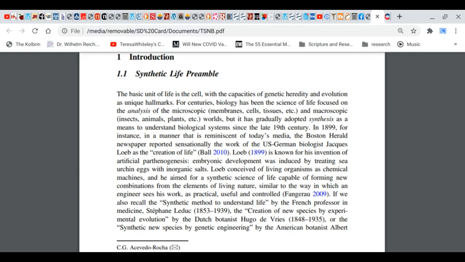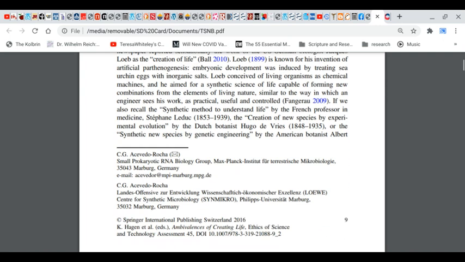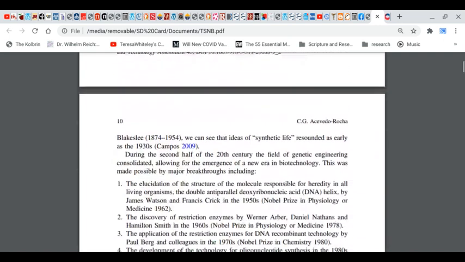If we also recall the synthetic method to understand life by French professor in medicine Stéphane Leduc, the creation of a new species by experimental evolution by the Dutch botanist Hugo de Vries, or synthetic new species by genetic engineering by the American botanist Albert Blakesley, we can see that ideas of synthetic life resounded as early as the 1930s.